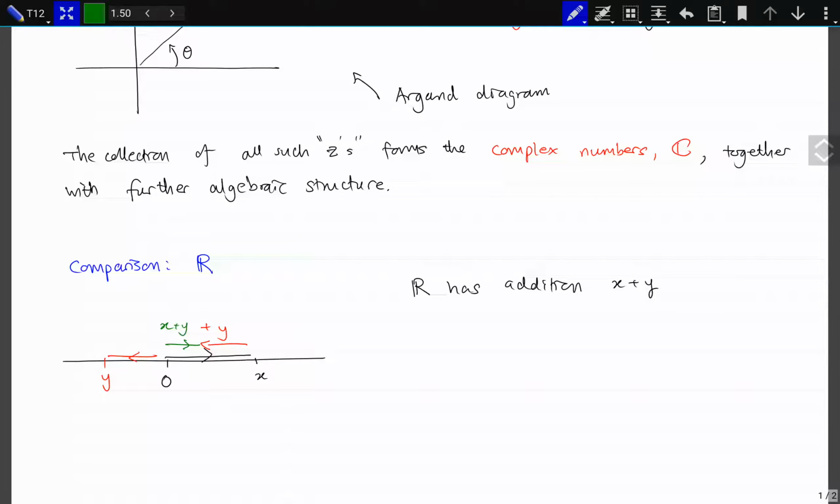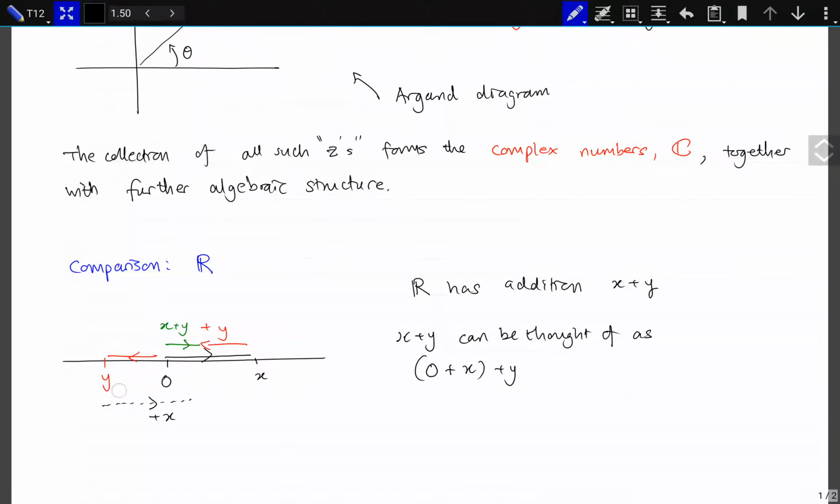You can think about x plus y. What have we really done? We've gone from 0 to x, and then we've gone back by y. So x plus y, as an algebraic structure, can be thought of as zero plus x plus y. And in fact, I could have added y first and then added x. If I use a dotted line here, I could have gone to y, then plus x.